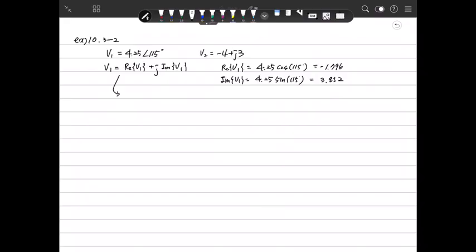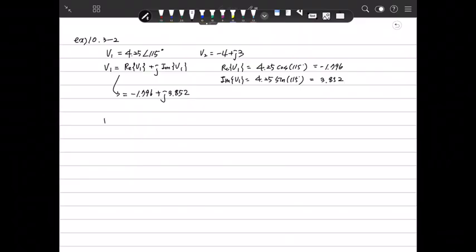Therefore, V1 will be minus 1.796 plus j3.852. We can calculate this way here.